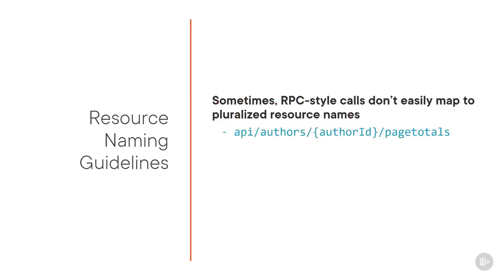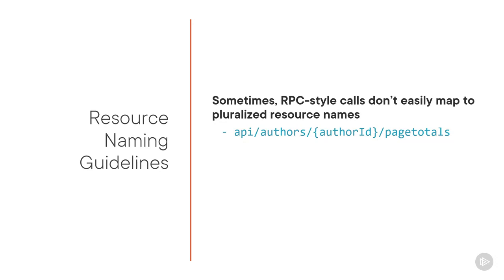But what if we need to calculate the total amount of pages an author wrote? And let's assume for the sake of the example that it's a very productive author. Calculating this would take quite a bit of time, and we don't want to send it over together with every author by default. It's not that easy to create a resource from that using pluralized nouns. You could end up with something like you see on screen now.